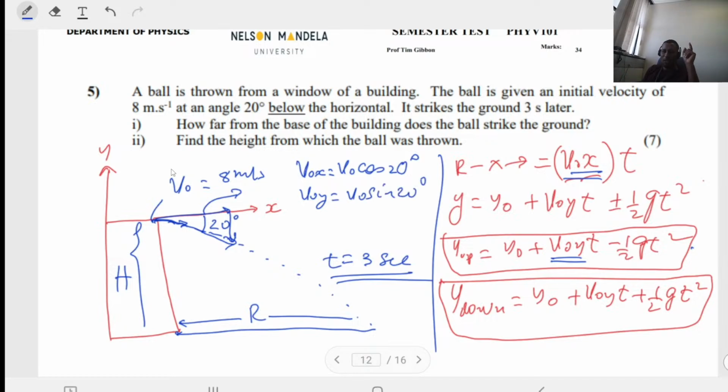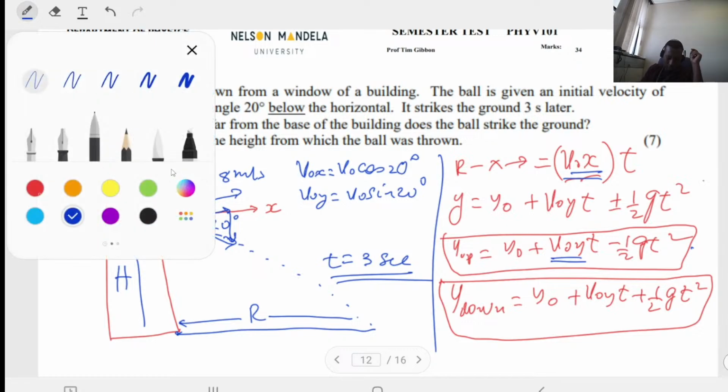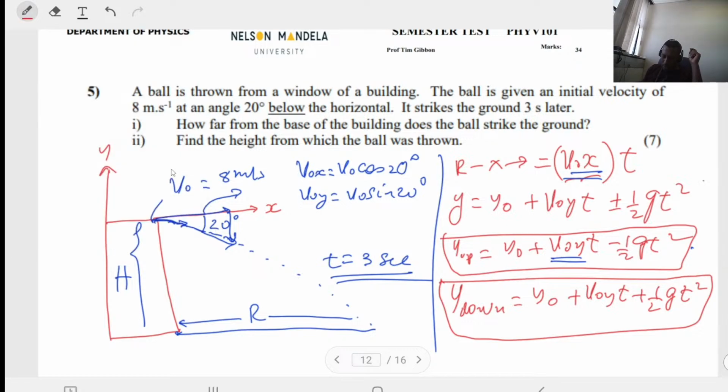But if I use this concept, remember when I said I'm going to confuse you, where I know that the x component is positive to the right and the y component is negative because it is down. If you don't want to confuse yourself in such a way, just take this angle. That angle is going to be 360 degrees minus 20 degrees, which is 340 degrees.